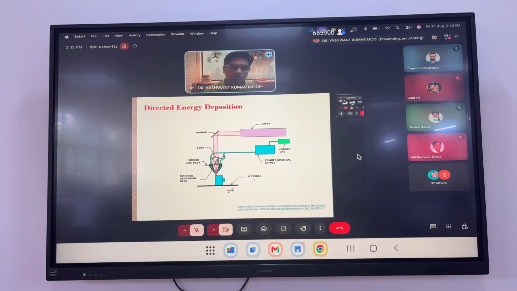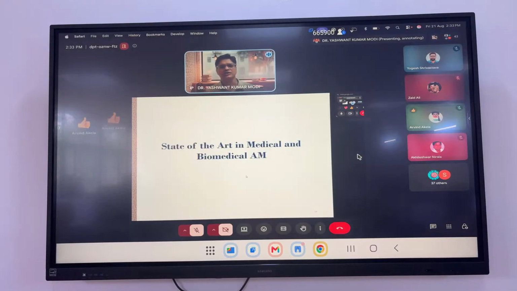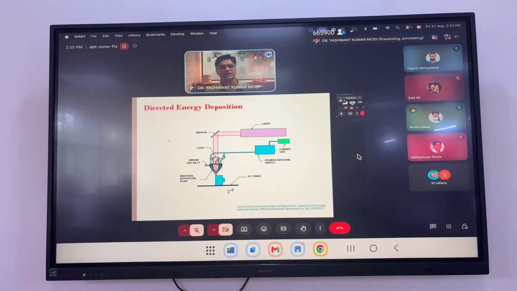This is slightly different from powder bed fusion because it does not have any powder bed, so it requires less powder material while printing a component. These are the major seven technologies I have quickly shown you.